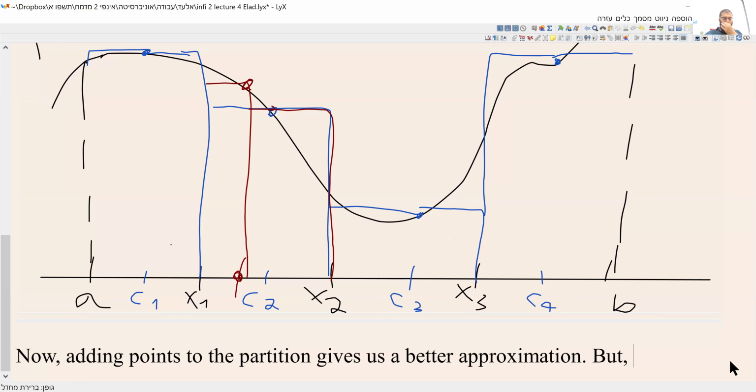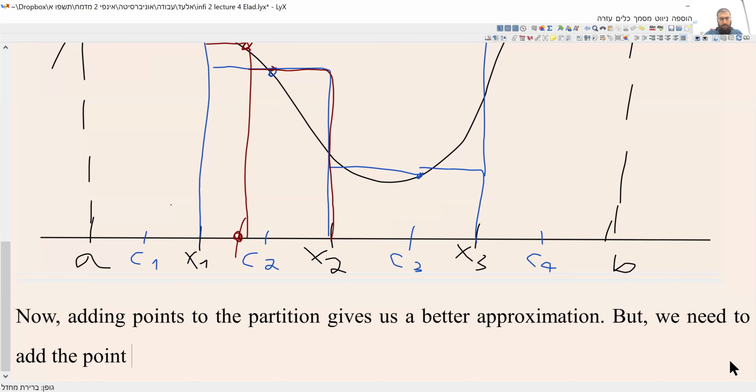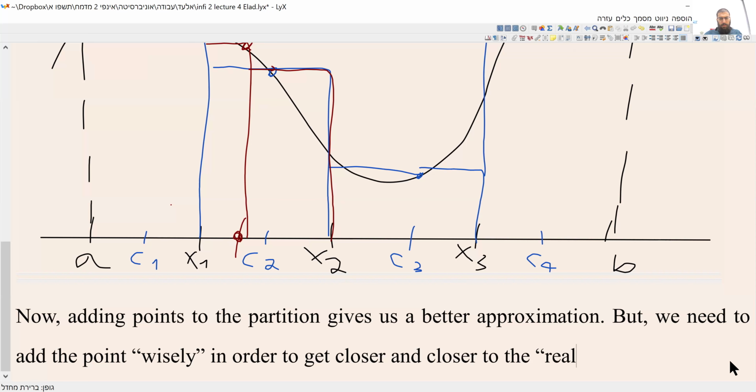But we need to add the points wisely in order to get closer and closer to the real area. As I mentioned, having the biggest segment tending to zero.